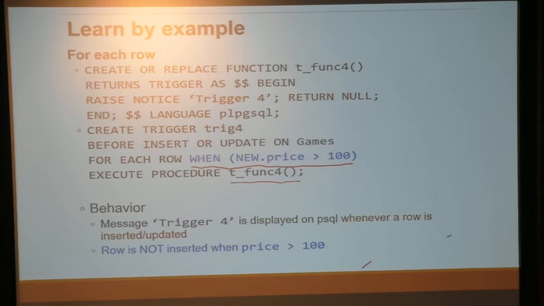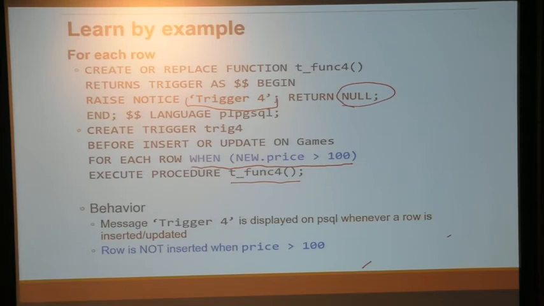Then I'm just going to raise notice. It will just print. If I use PSQL, it will just print on my PSQL something like trigger 4. Okay? I'm returning something. The thing that I'm returning is a null. Okay, null is your very same null values.